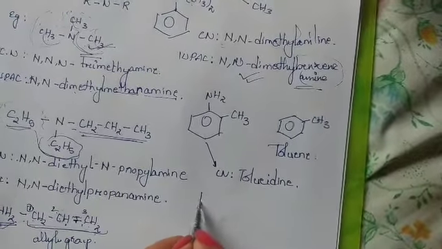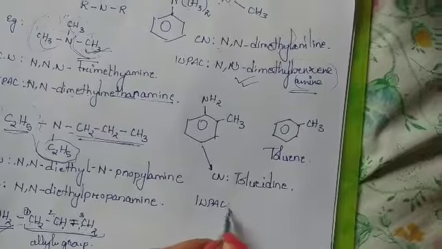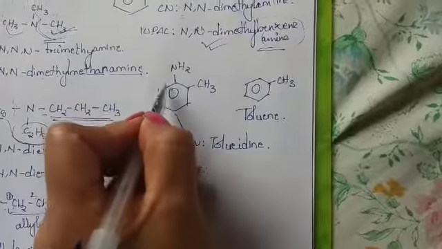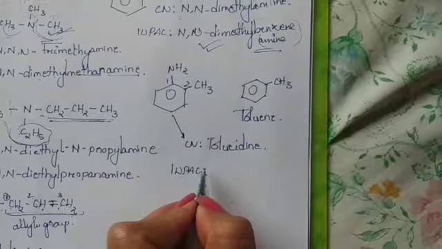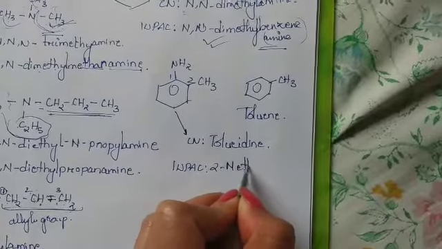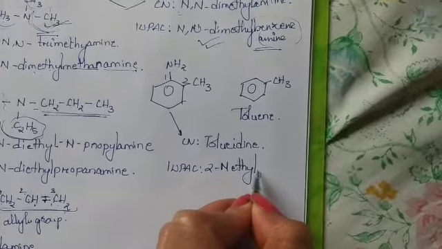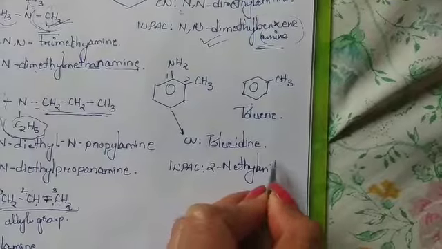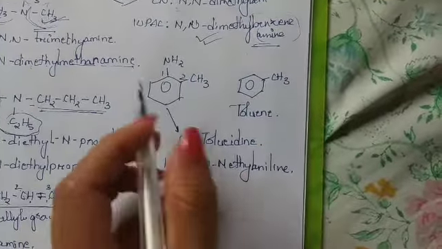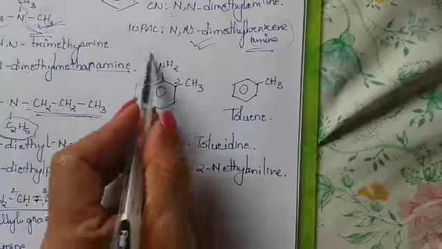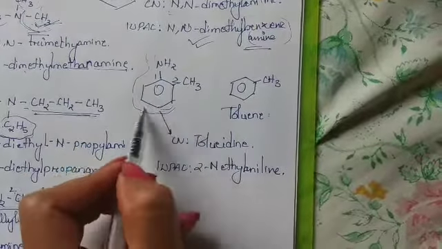Okay, and then the IUPAC name would be, common name, positions 1 and 2. Therefore, 2-methylaniline. This is an aniline group, therefore 2-methylaniline.